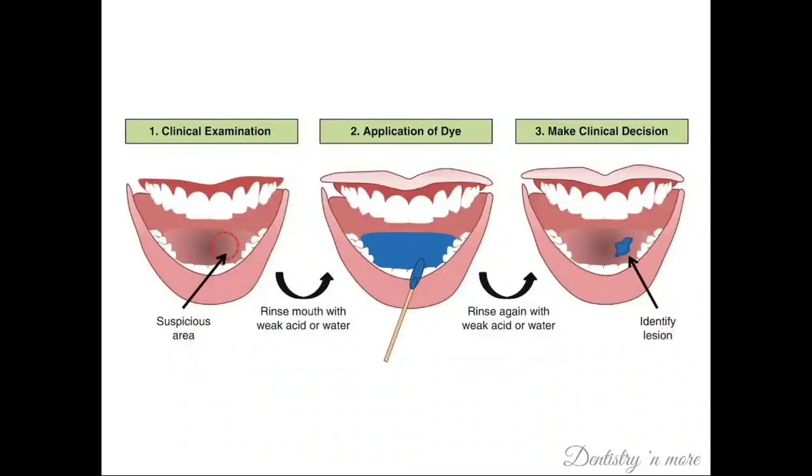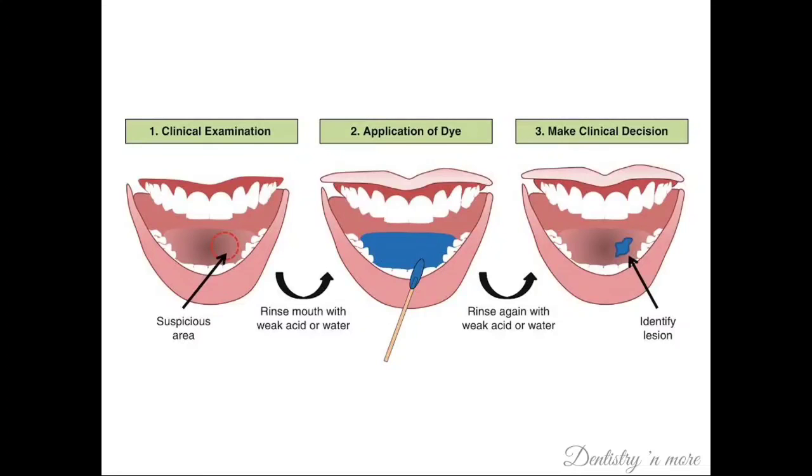This is how you go about the technique of toluidine blue staining. First and foremost, you locate the suspicious site or lesion. After that, you ask the patient to rinse their mouth with water, followed by rinsing with acetic acid, and then the application of the toluidine blue dye over the region of interest.